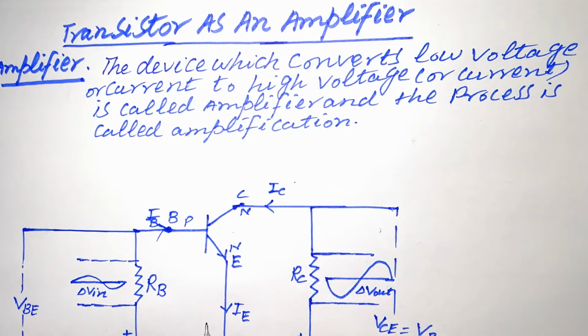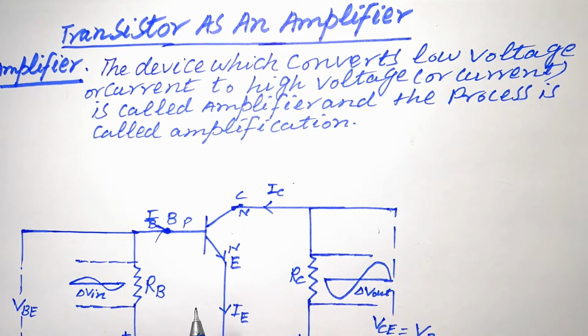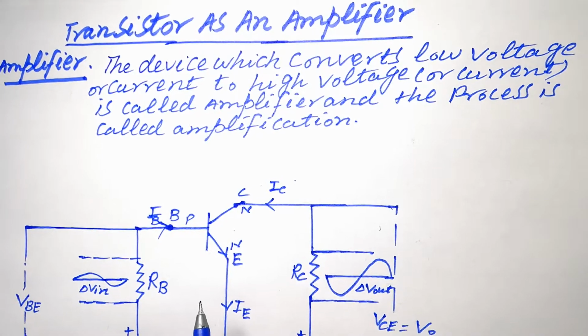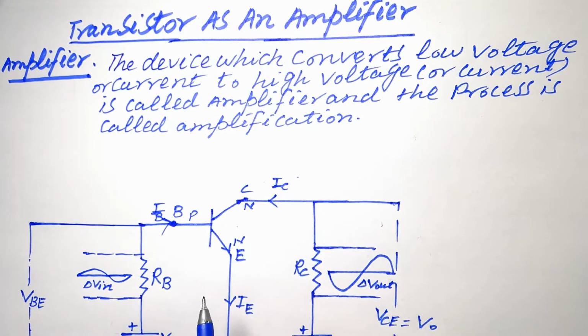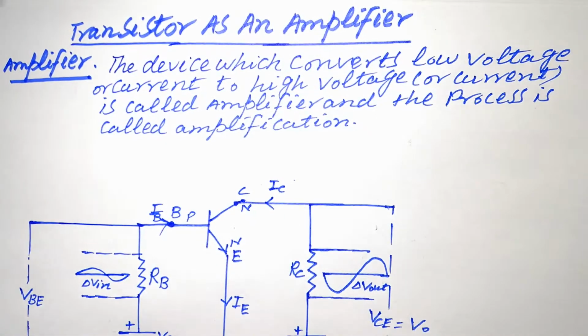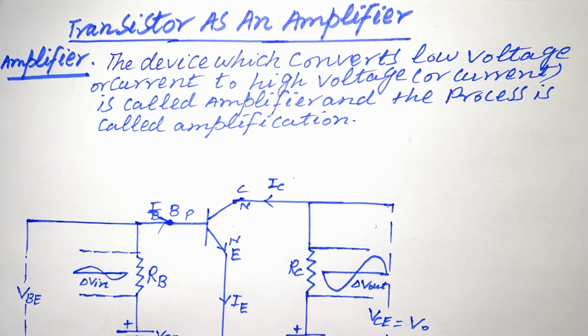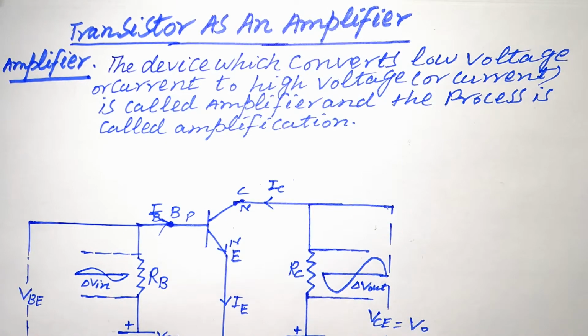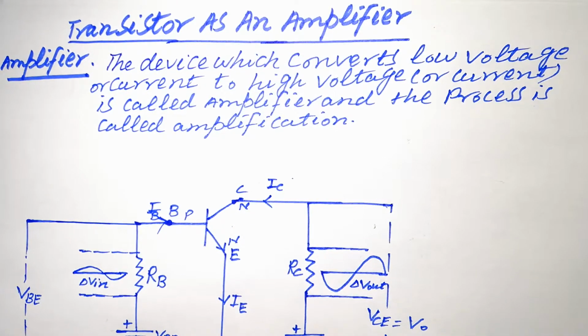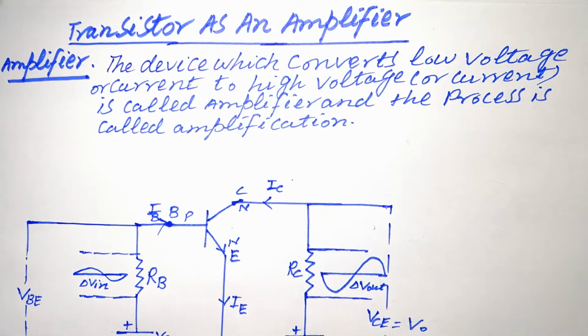My dear students, today we are going to discuss the article Transistor as an Amplifier of chapter number 18 of part 2 Physics. Students, first of all, I will define what a transistor is. A transistor is a semiconductor device of germanium or silicon having 3 regions and 2 junctions.